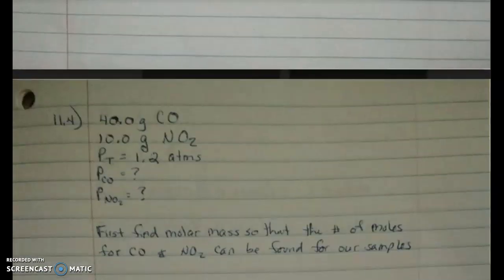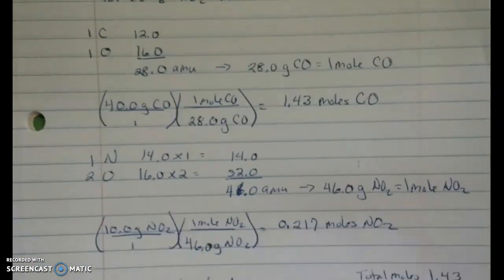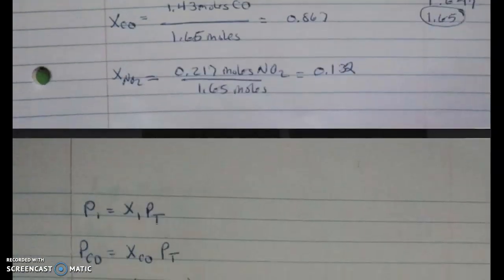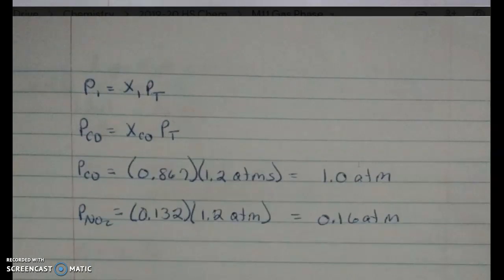But you've got to go back and look at that original question. They want to know the partial pressure of each individual gas. So what equation will we use? Now that we know our mole fractions, we can plug them into our new Dalton's law that relates partial pressure to the total pressure. That simply states that the partial pressure of a gas in a mixture is equal to the mole fraction of that gas times the total pressure of the mixture.